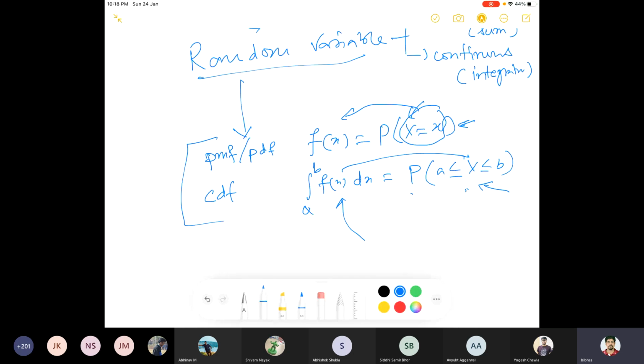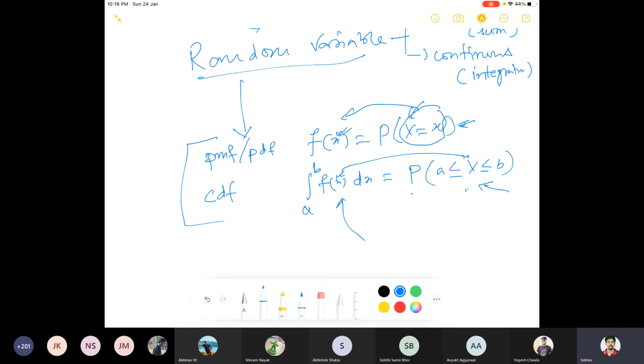It means it is measuring something. It is giving you a number corresponding to some random experiment. You perform a certain experiment, even if you do not know the sample points. If you measure something, you always get a value, and those values are this x. And then everything makes sense.